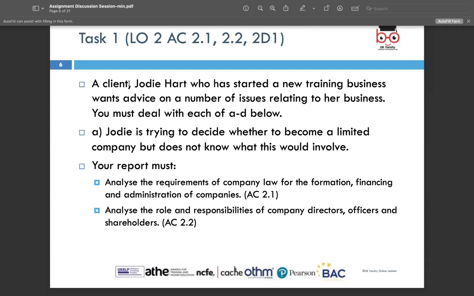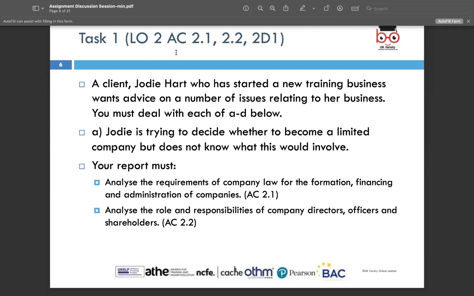You must deal with each of the below. Basically, the decision to become a limited company. Jody is trying to decide whether to become a limited company, but does not know what this would involve. Report requirements: analyze the requirements of company law for the formation, financing, and administration of companies.